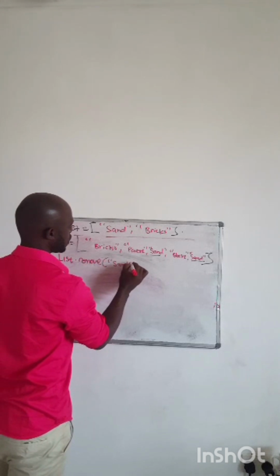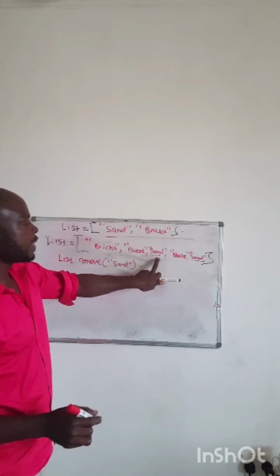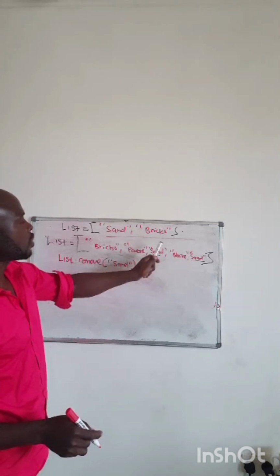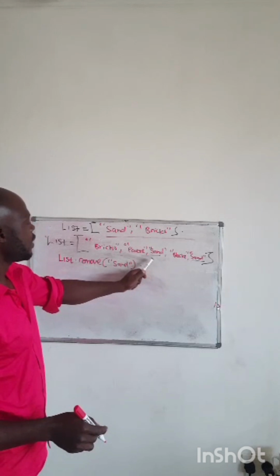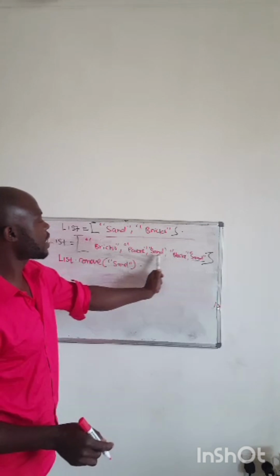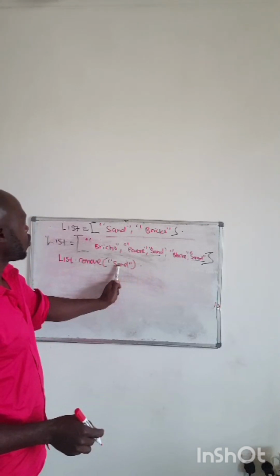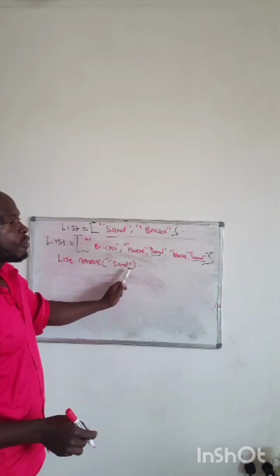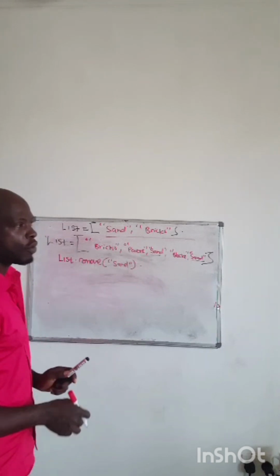If we say list dot remove sand, so this is going to remove the first occurrence of sand, and so this sand here will be removed, and then the new list will be bricks, pavers, blocks, and sand. This sand will be removed, since the remove method removes the first occurrence of an item which appears more than one time.